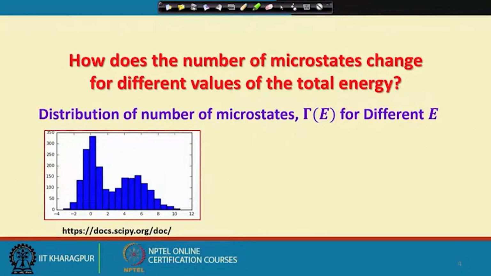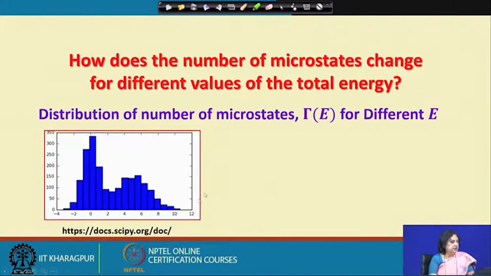For example, one may present the experimental result using a plot like this, where along the x axis you are plotting the different possible values of measurement of this quantity x, and here you are plotting the frequency or the number of times this particular value of x appears.